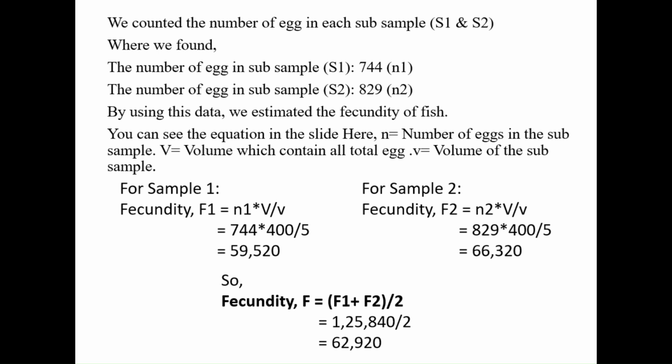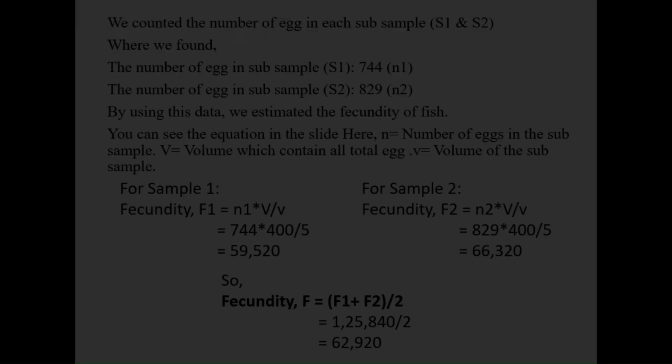For sample 1, the fecundity is estimated by the formula F1 equals N1 into capital V divided by small v, and for subsample 2, fecundity is estimated by the formula F2 is equal to N2 into capital V divided by small v, and finally fecundity F is equal to the sum of F1 and F2 divided by 2. This is the process of the whole volumetric method.